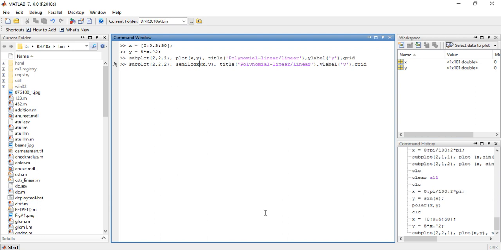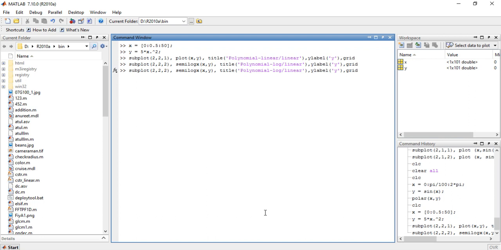The semilog x generates a plot of values of x and y using a logarithmic scale for x and linear scale for y. So I give the title as polynomial log and linear because the x-axis has a logarithmic scale and the y-axis has a linear scale.